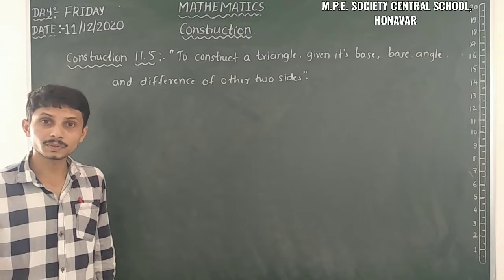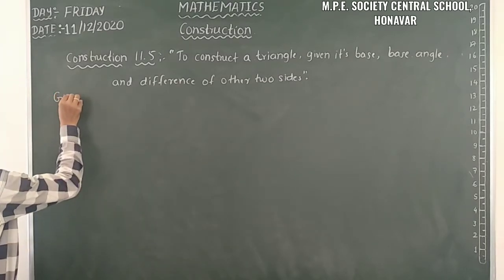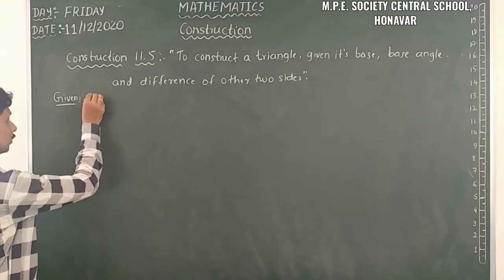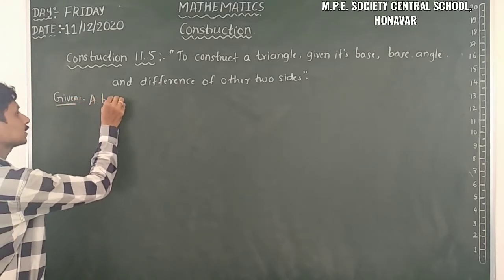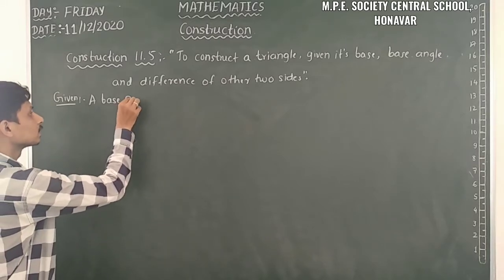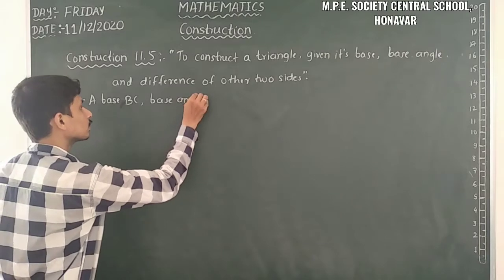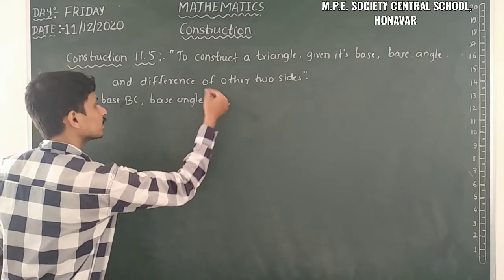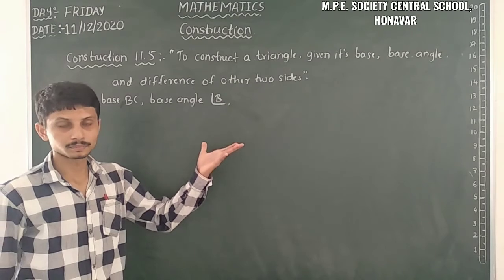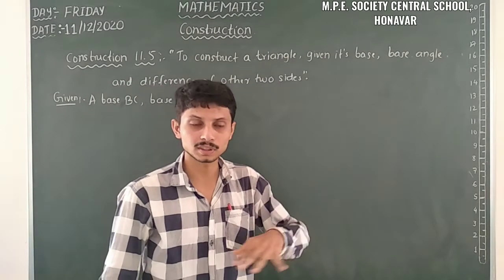Firstly, what are the given things we have? Firstly we have to write the given: the base BC, the base angle, which I will take as angle B, and the difference of the other two sides.